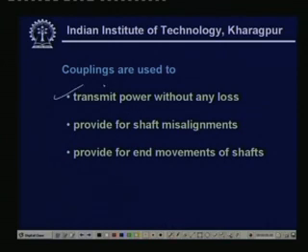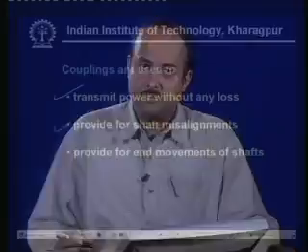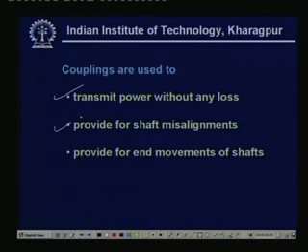That is very much expected. And second, to provide for shaft misalignments. Now, shafts are normally installed without any misalignment, but because of various reasons there will be an inevitable presence of misalignments.